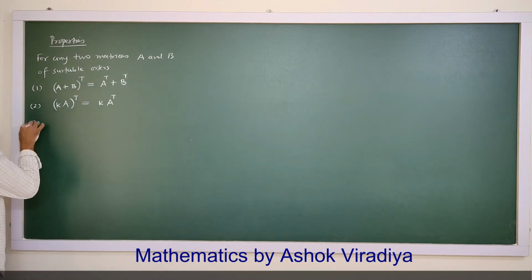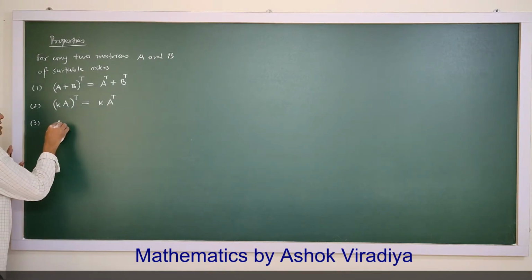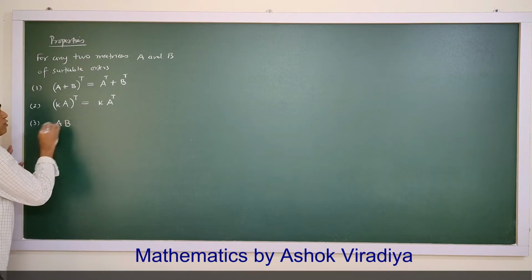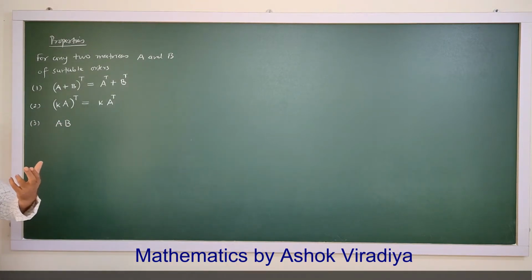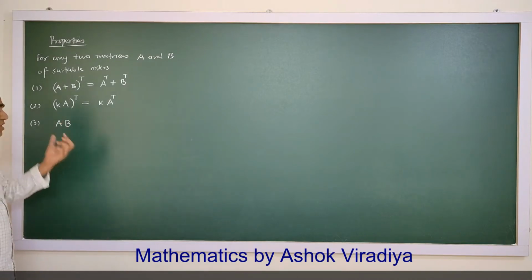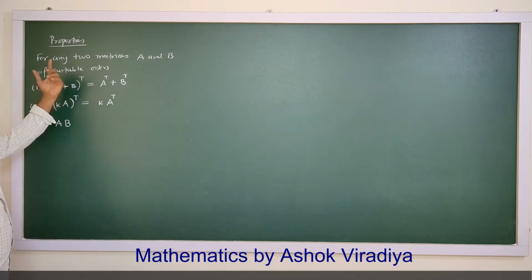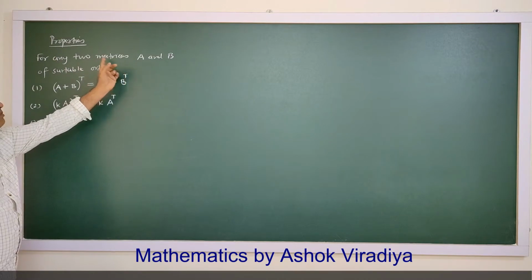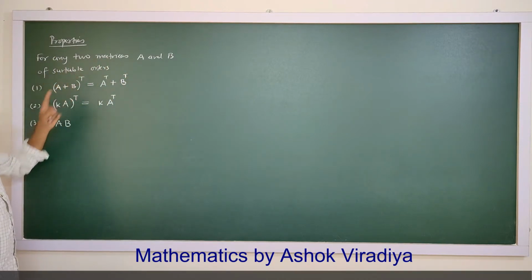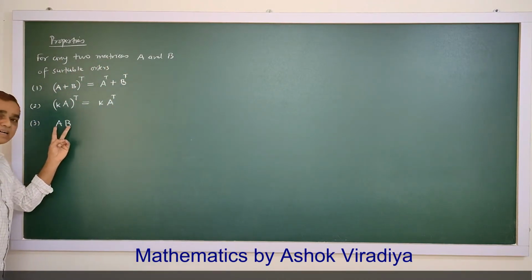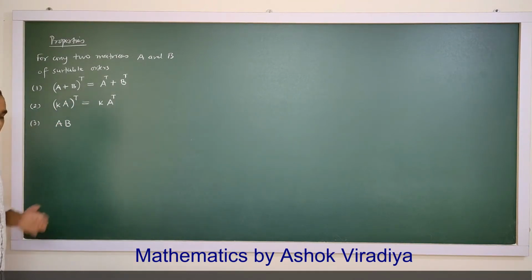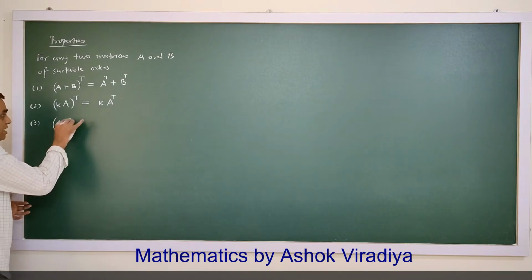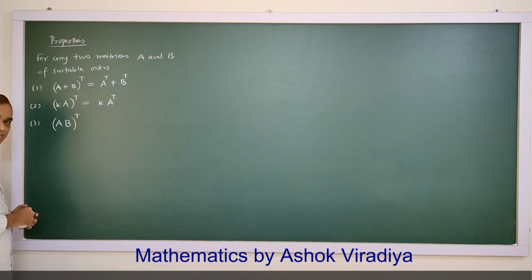Then if we take the product of two matrices, and the product gives a new matrix, for given matrices A and B of suitable order, say A and B are matrices such that the product is defined. After getting the product, take its transpose.